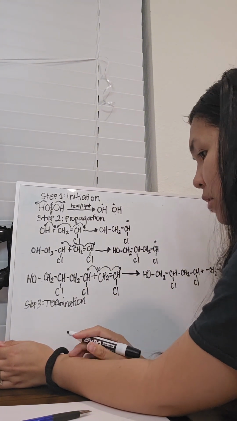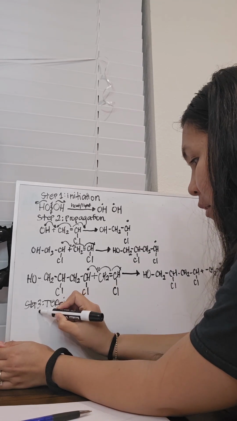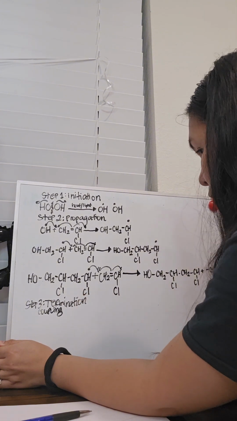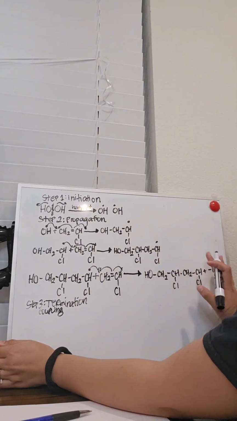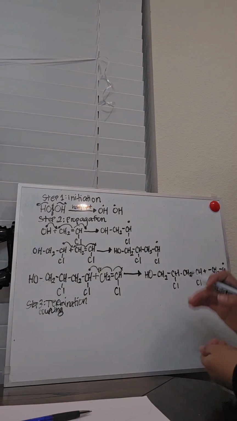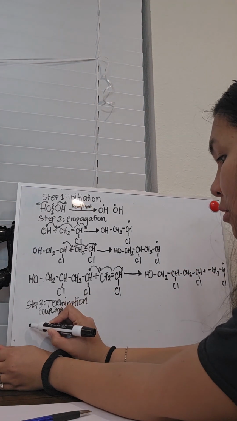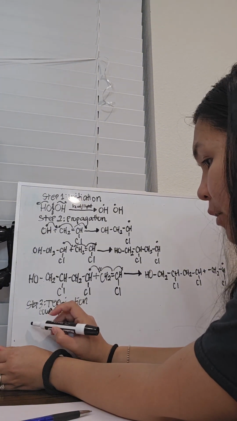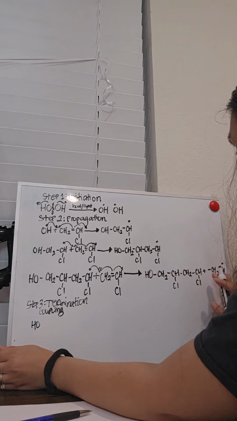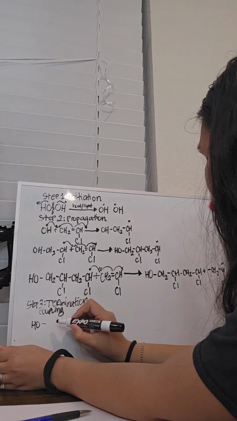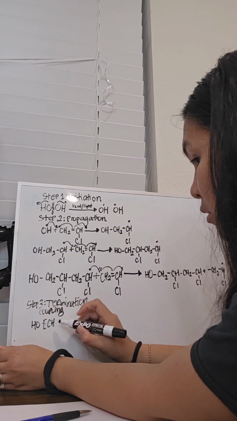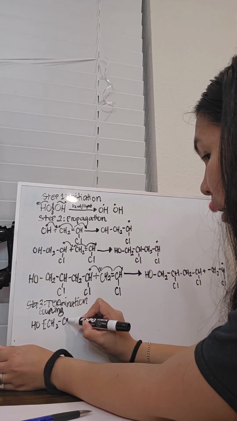Now in termination, we'll start with coupling. So with coupling, it involves the combination of one free radical chain with another free radical chain, which forms the polymer. So then I'll just write it down right here. Basically, I'm writing down this thing right here. And let's make it shorter by putting it in a bracket.